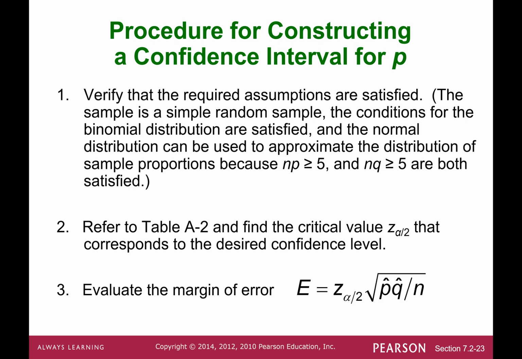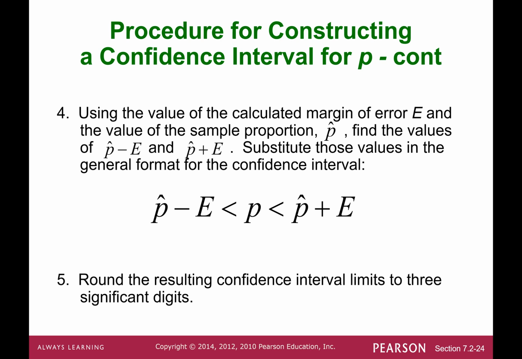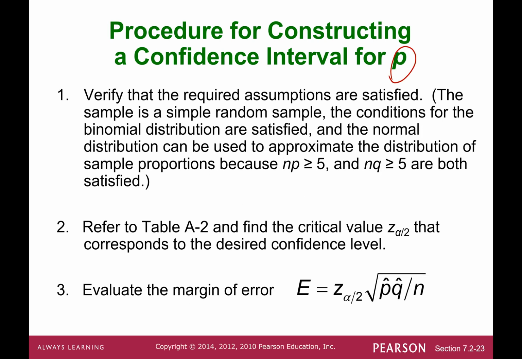Our procedure for constructing the confidence interval for population proportion P: first of all, verify all the required assumptions are satisfied. The first one is that it is a simple random sample.